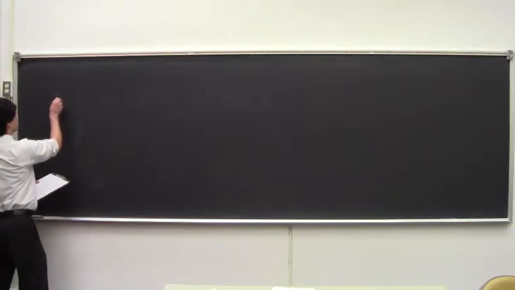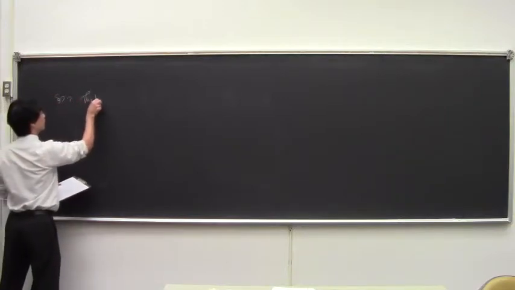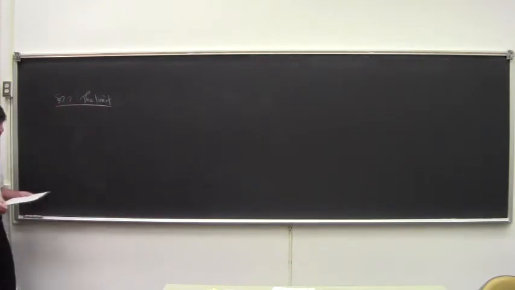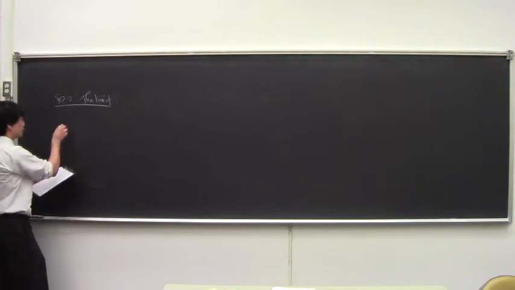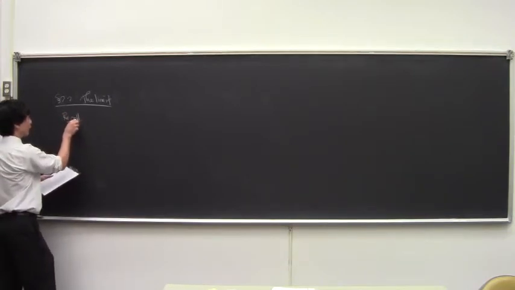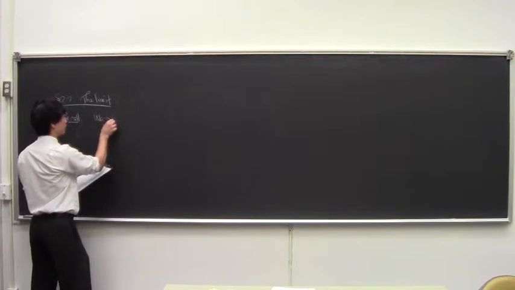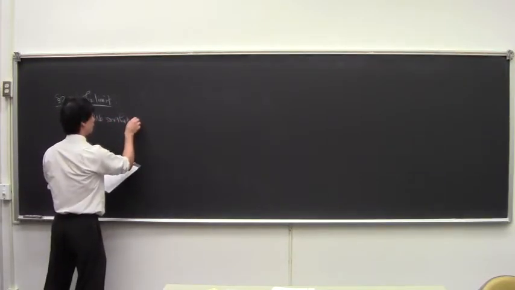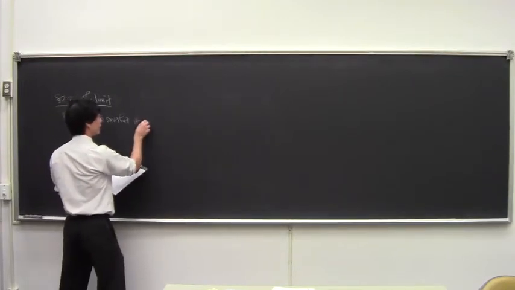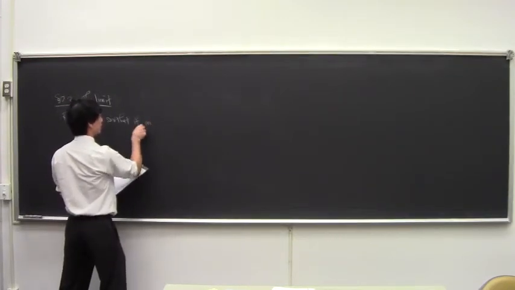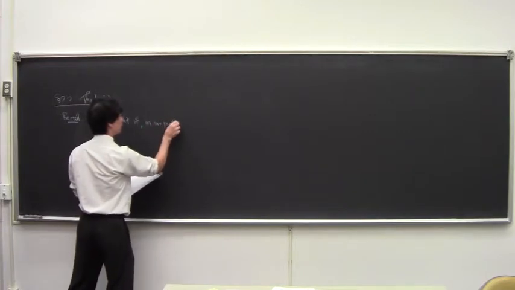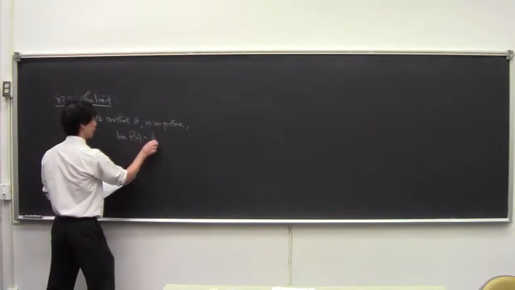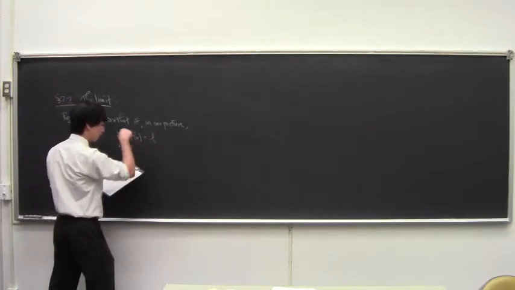Okay, so 2.2, the limit, right? So what we saw, recall last time, we saw that intuitively, in our picture, say, the limit of f of x was L as x approaches C, right?